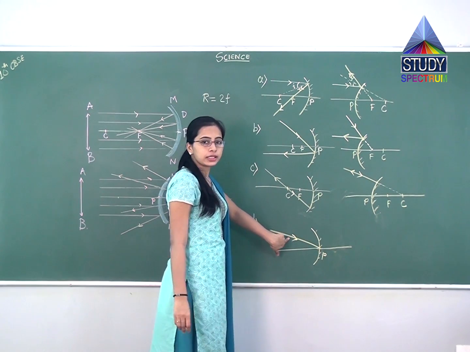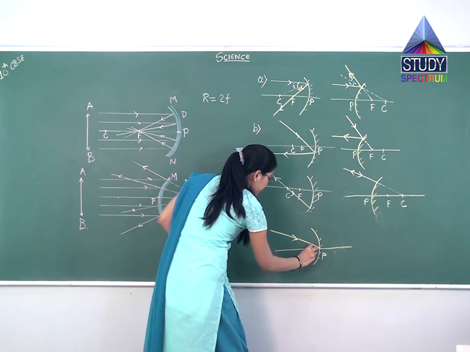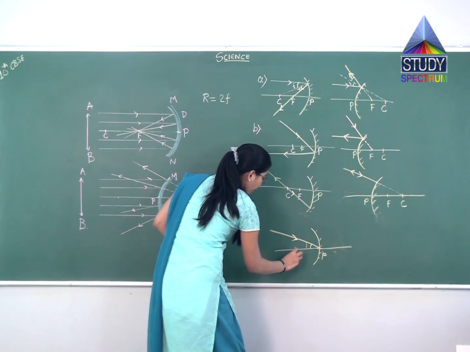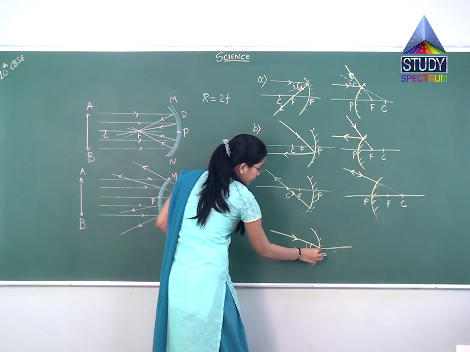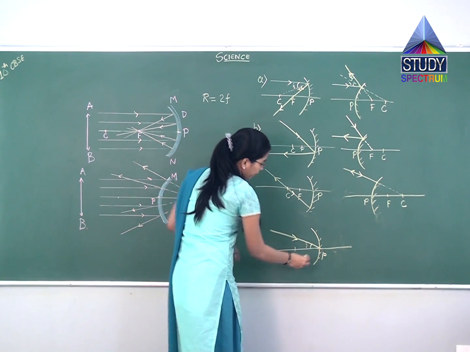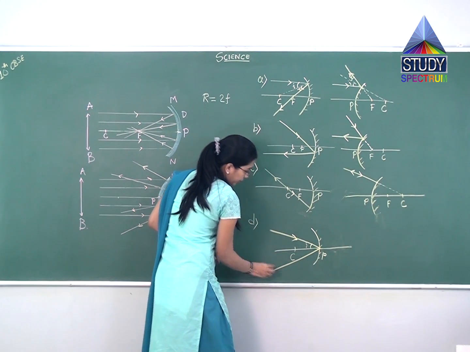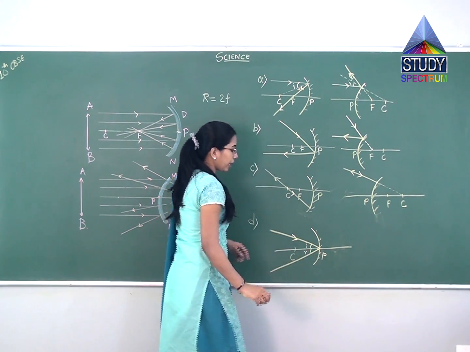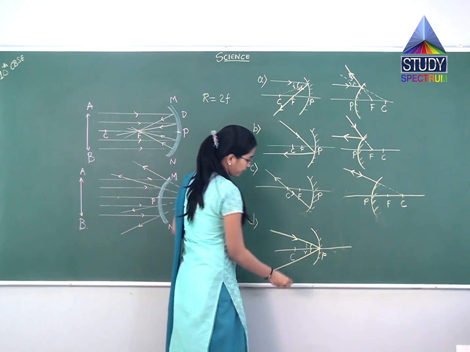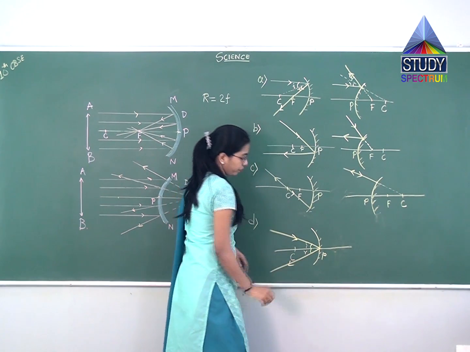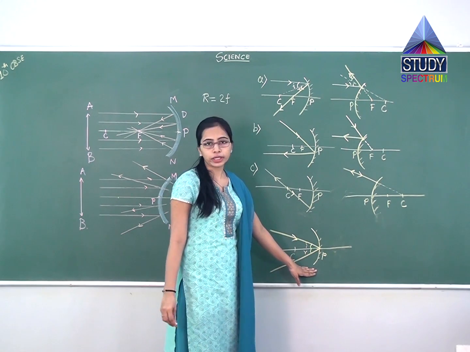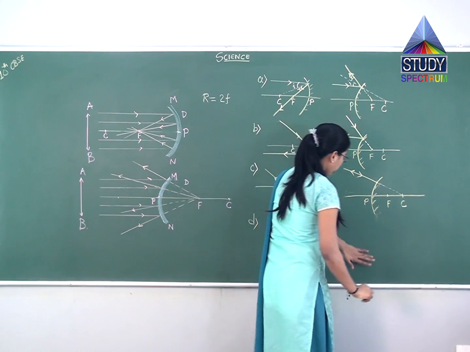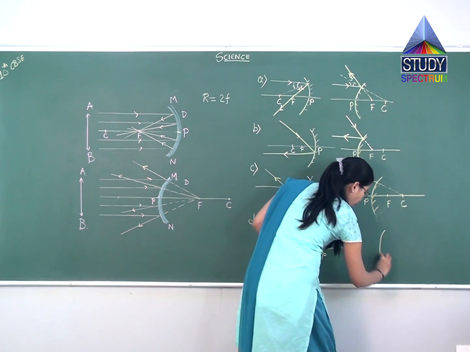This is your incident ray. So this is the incident angle I. You will see that this ray will get reflected obliquely but from the lower side, making angle of reflection R, for the concave mirror.